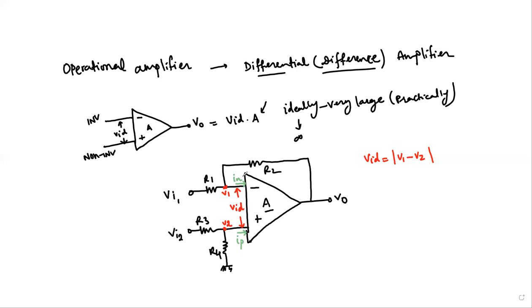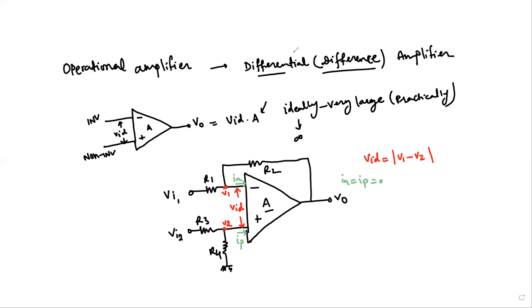We know that they are 0: IN equals IP equals 0. This is again due to the ideal characteristics, and because of this property we say that this difference amplifier has infinite differential input resistance. The resistance between these two terminals is infinity.